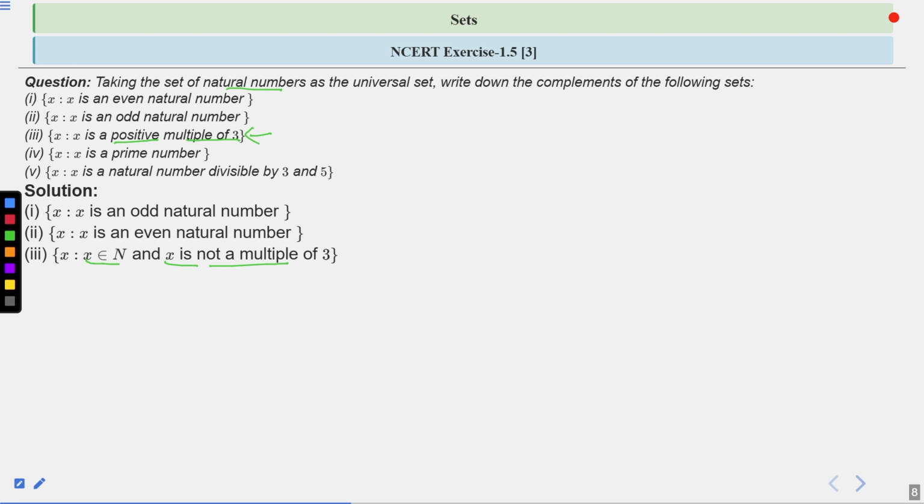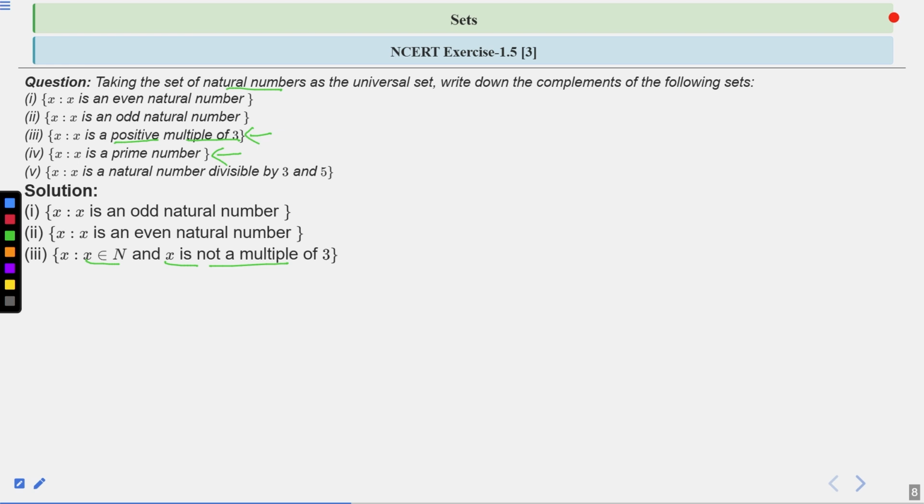Now for fourth. In fourth, we describe the set as collection of all primes. So very simple. First of all, write down what do we mean by primes and composite numbers. Can somebody answer? What do we mean by primes?